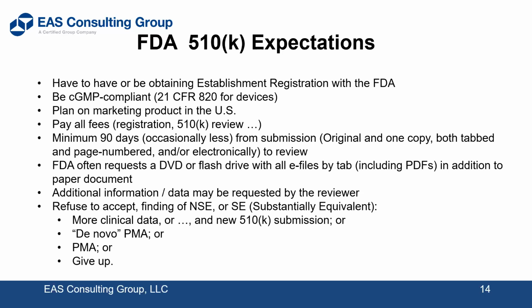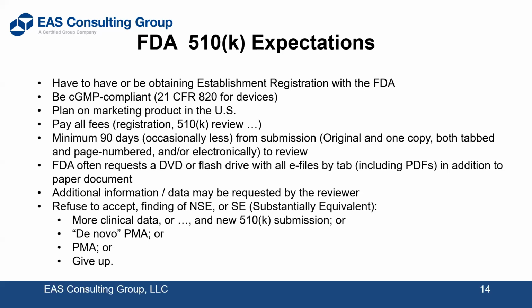So you're expected to have validation master plans, even though that's not specifically called out in the GMPs. You're expected to have a quality manual in addition to your SOPs. That's not called out in the GMPs, and so on. So you need to be aware of what your industry is doing in general, not leading edge, not bleeding edge, but in general, to be fully compliant with the C in CGMPs.